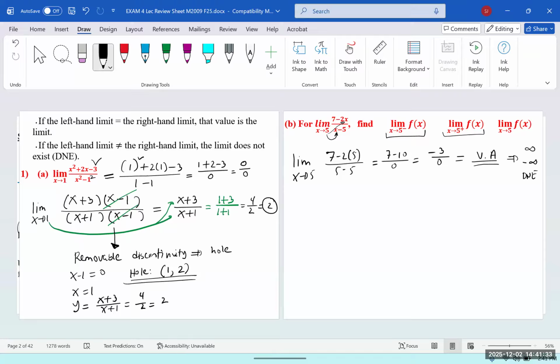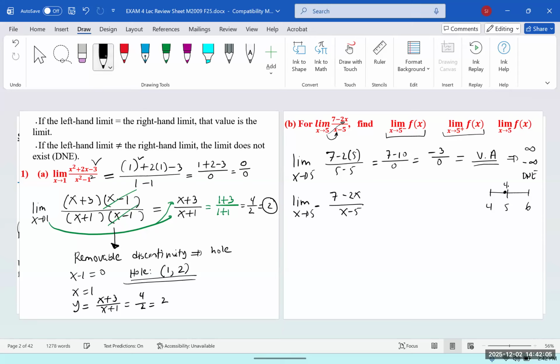So first we look at the left side limit. We take the limit as x goes to 5 from the left side of the function (7 minus 2x) over (x minus 5). And then you pick a number from 5 on the left side. If this is 5, this is 4, and this is 6, you have to pick a number very close to 5, but between 4 and 5.